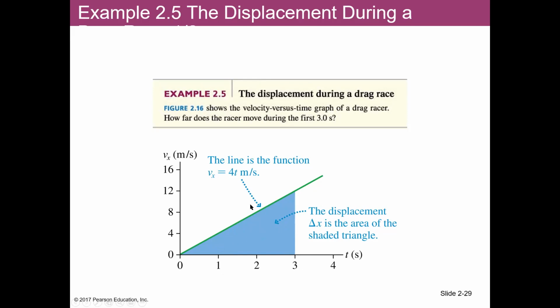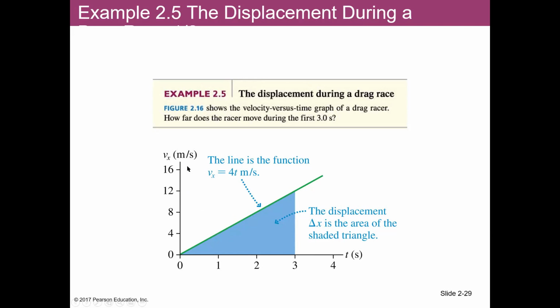But just like slopes, areas also have units. Like any area, the units are the product of the units of the vertical axis times the units of the horizontal axis. That's different from the slope.